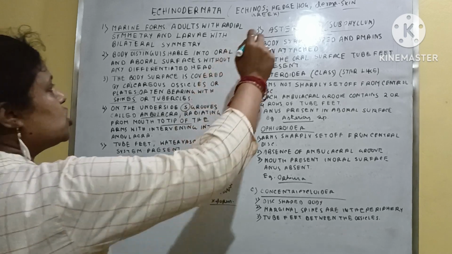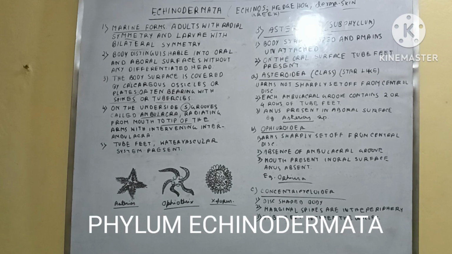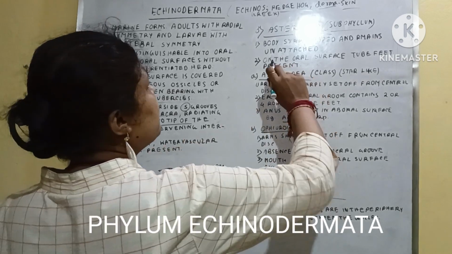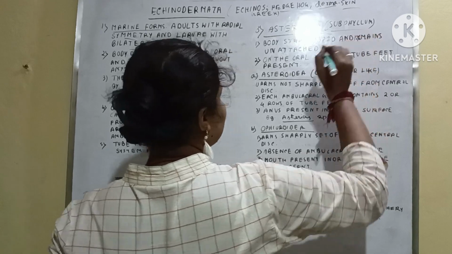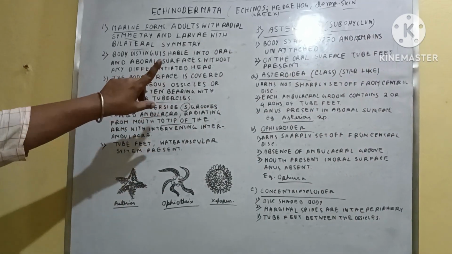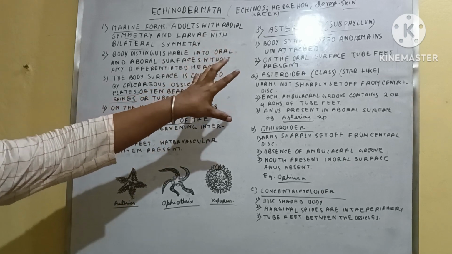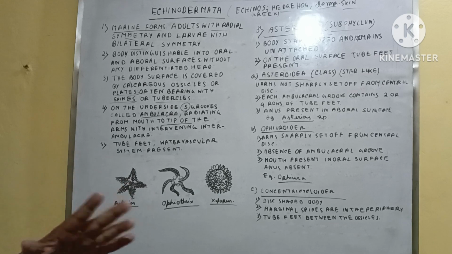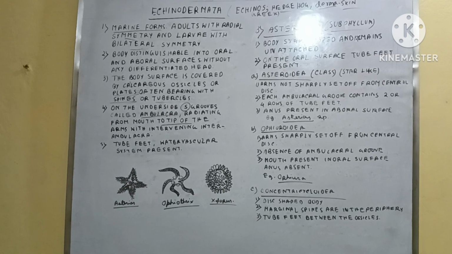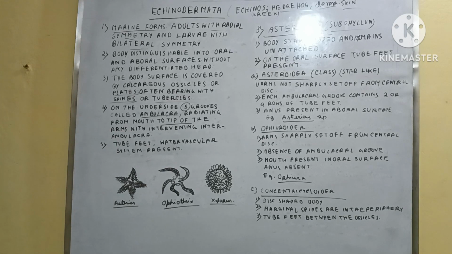First one, Asterozoa. The first character is the body is star-shaped and remains unattached. Okay, remains unattached. That means the body is star-shaped and unattached, meaning all the arms are separated from each other. Second one, on the oral surface, tube feet are present.